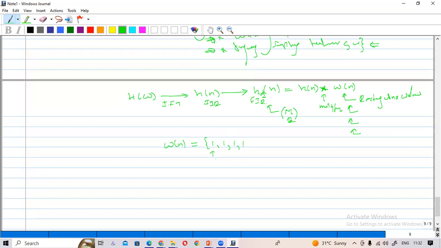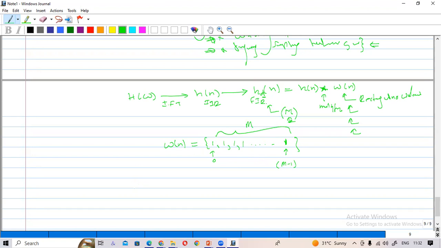This is the 0th sample, and this goes up to m minus 1, so there are a total of m samples. You can define your window function like this.